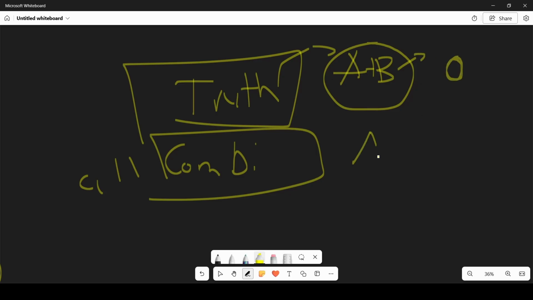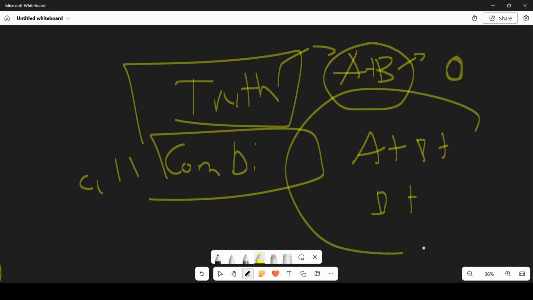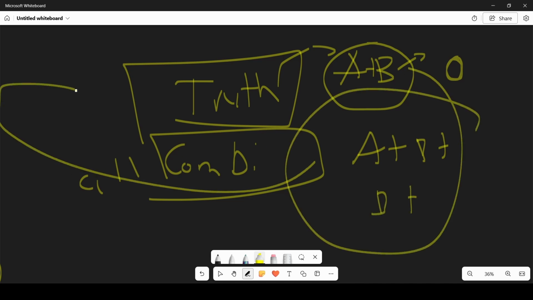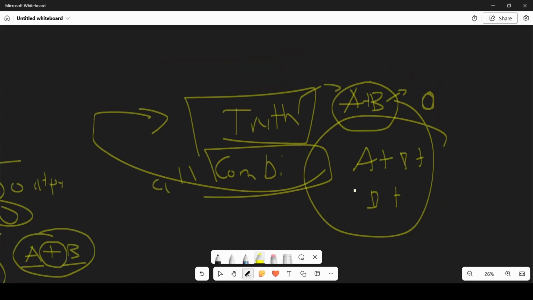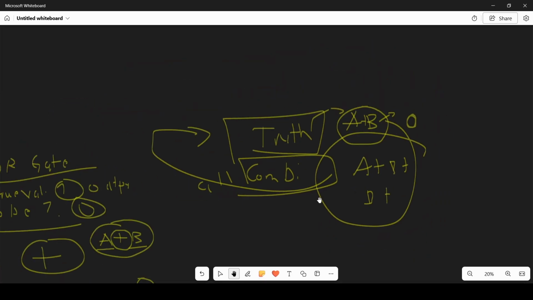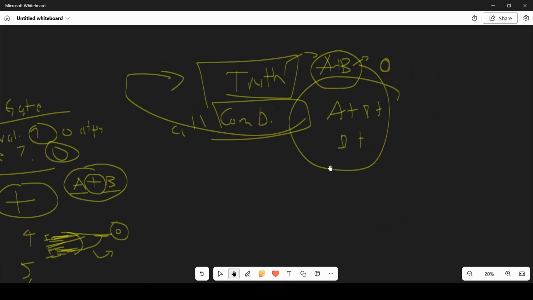If there is A plus B plus C, all the combinations can be seen through the truth table. There is a limited number of possible outputs. So the truth table varies with the number of inputs that we give. If there are 2 inputs, it will give 4 combinations. If there are 5, 6, or 8 inputs, the possible combinations will increase.